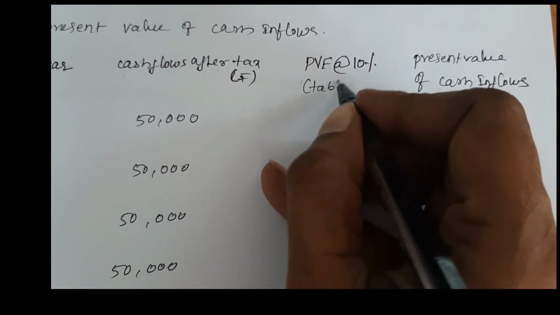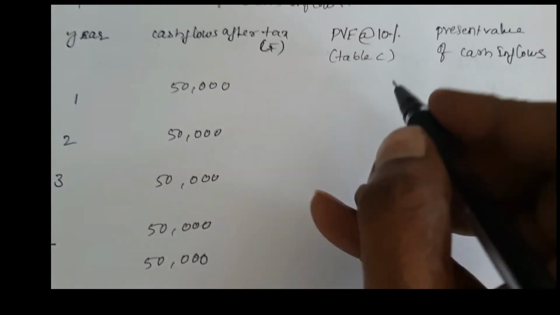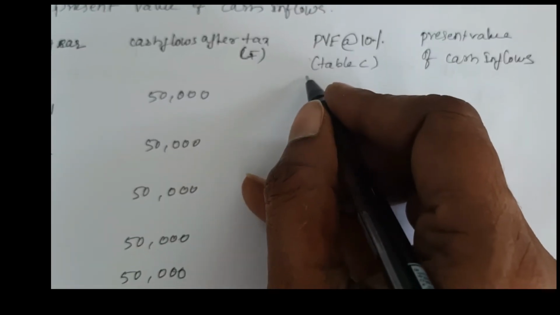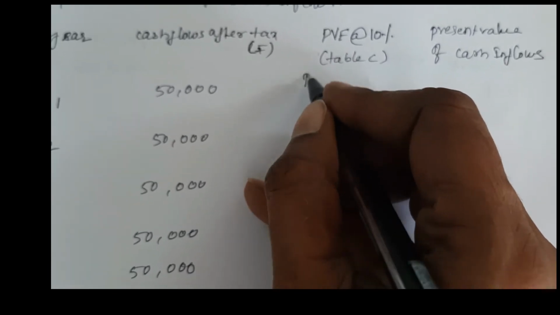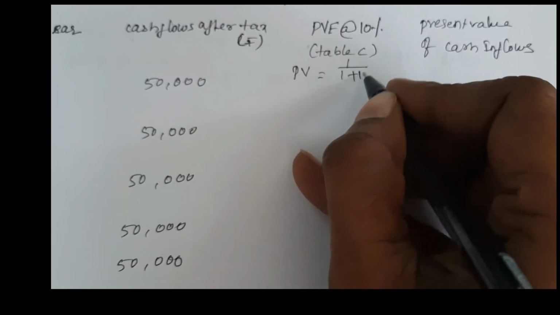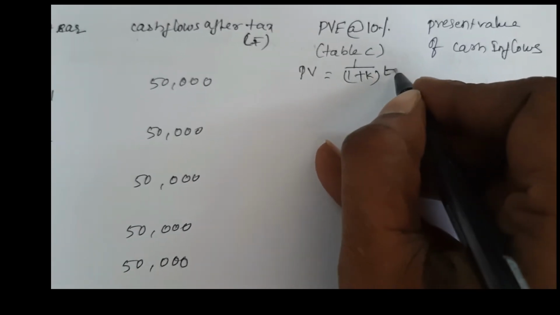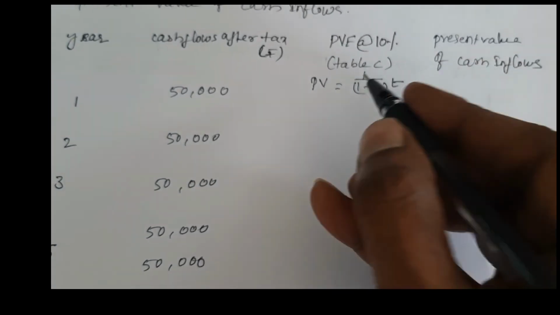Now we should write the present value factor at the rate of 10%, for which we need to refer to table C of the present value tables, or else you can also apply the formula: present value is equal to 1 divided by (1 plus k) whole to the power of t. By using this formula also you can find the present value factor.